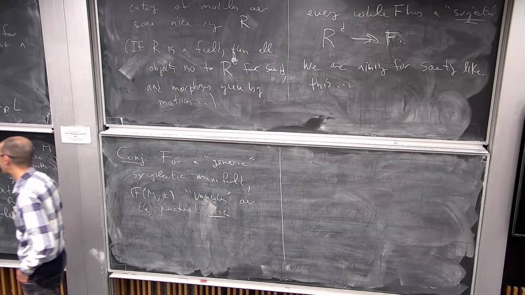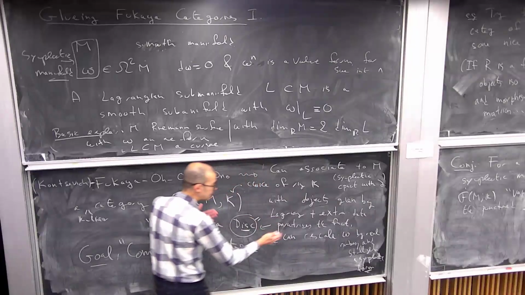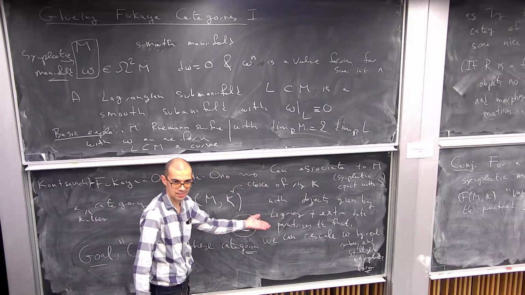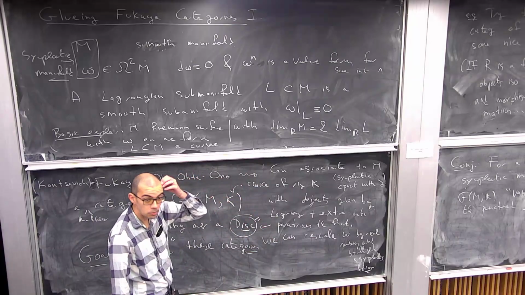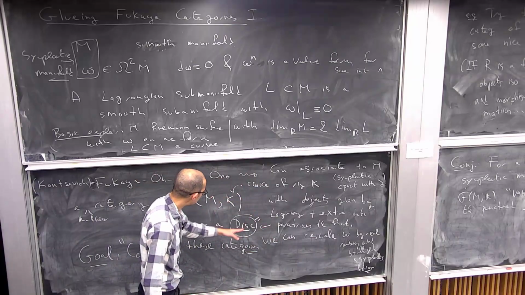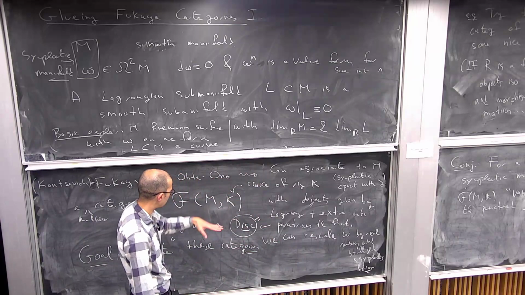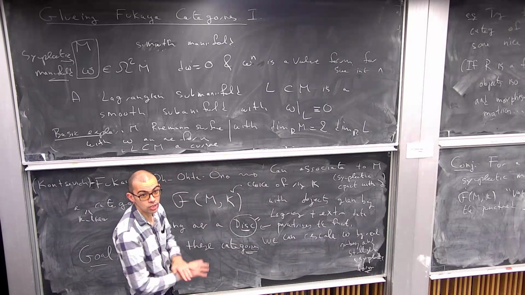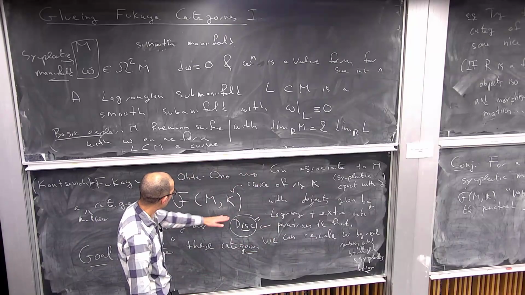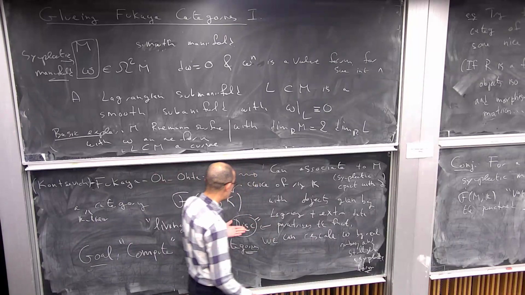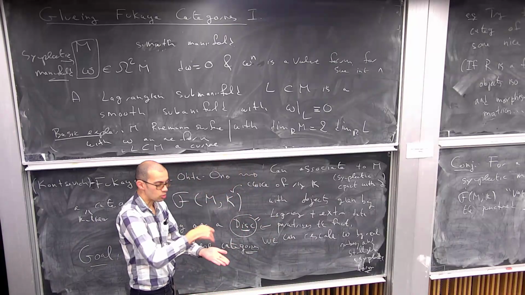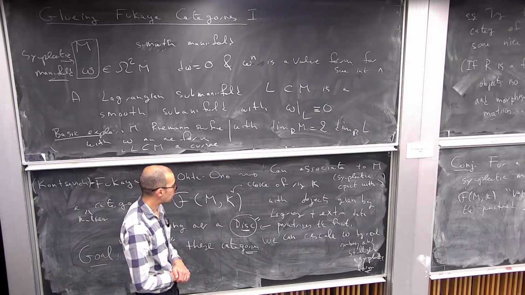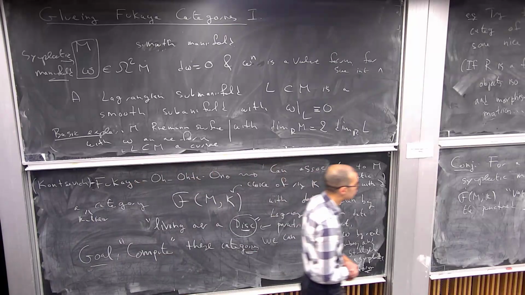So I said it lives over the disk. I wasn't precise. I'm not yet going to be, and not even sure I'm going to be precise today, because we're about to restrict ourselves to some smaller class of things. So it lives over the disk. If you have a family of things over the disk, you can just remove zero. Now you have something over the punctured disk. What does it mean for a category to vanish?